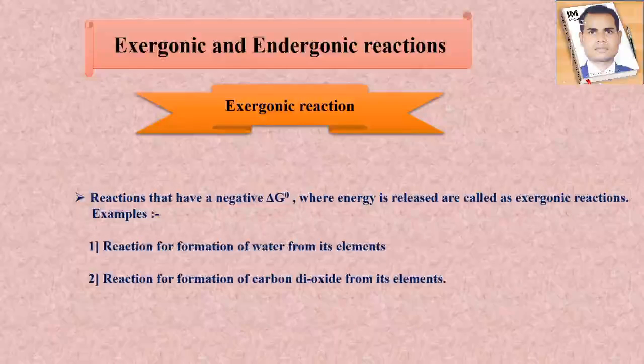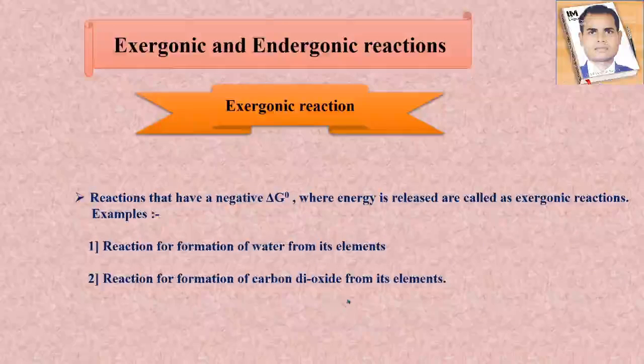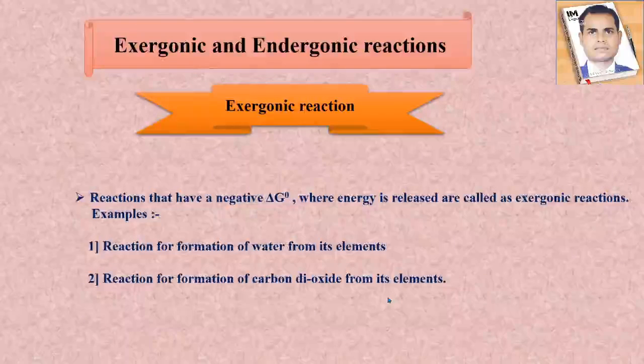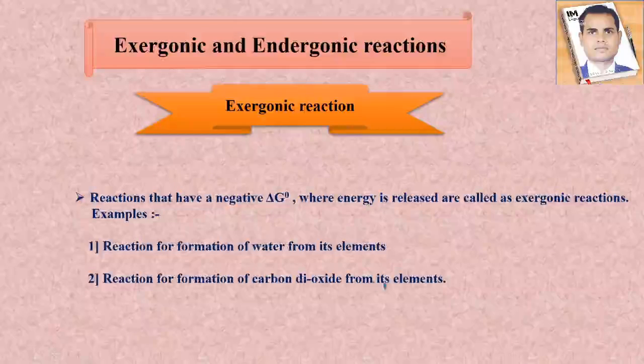The second reaction is the formation of carbon dioxide from its elements. In carbon dioxide, carbon and oxygen are there, so for its formation we require carbon and oxygen O2 molecules.